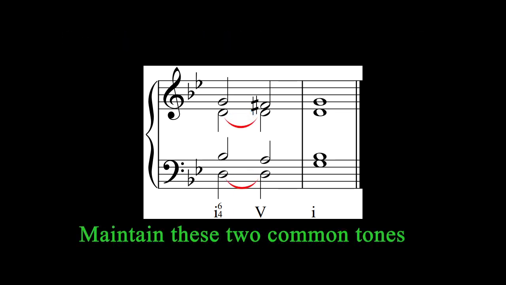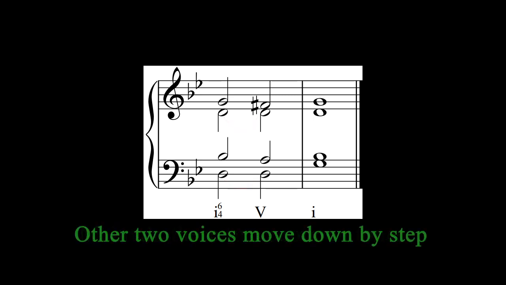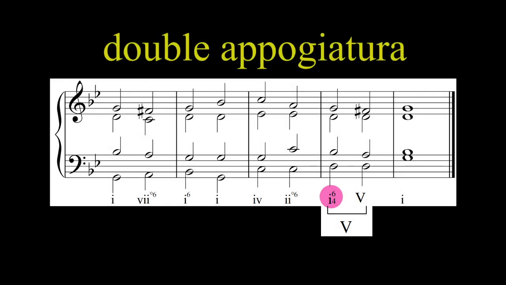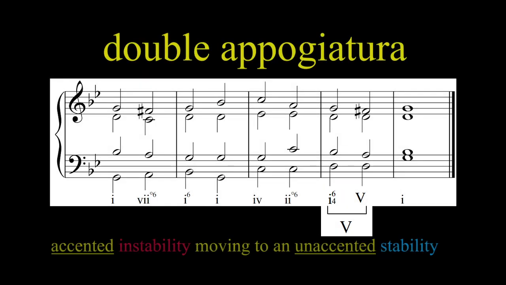So in writing the 6/4 chord, you maintain those two common tones, and the other two voices move down by step. One goes from the 6th to the 5th, and the other from the 4th to the 3rd. So going back to our original progression, we can see that this cadential 6/4 functions like a double appoggiatura.